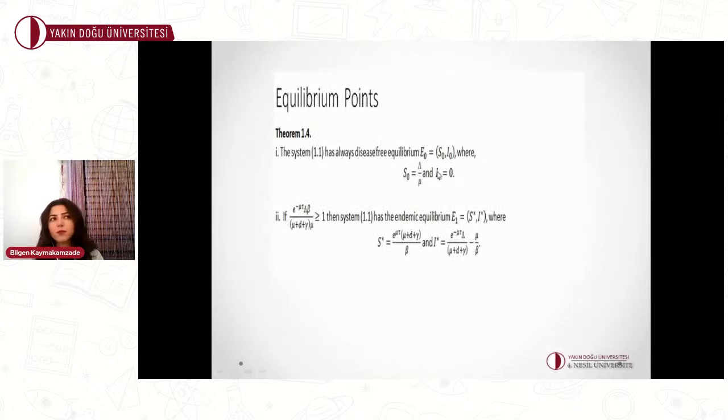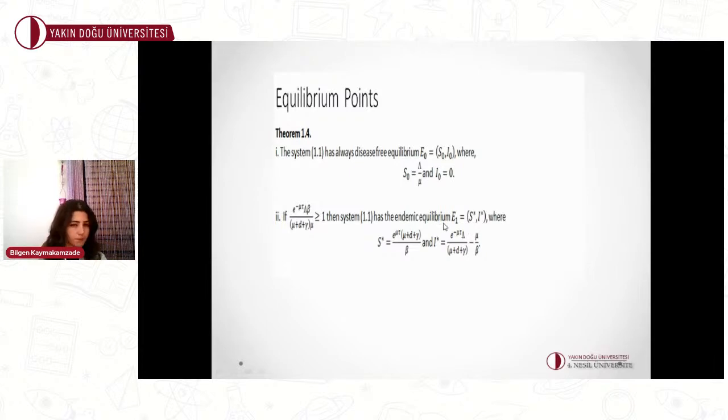The first, we say, is the disease-free equilibrium point, because if you check here, the I part is 0. I is infected. So in that area, we don't have any infected person. And the second equilibrium point is the endemic equilibrium, because here, as we can see, there are infected persons.